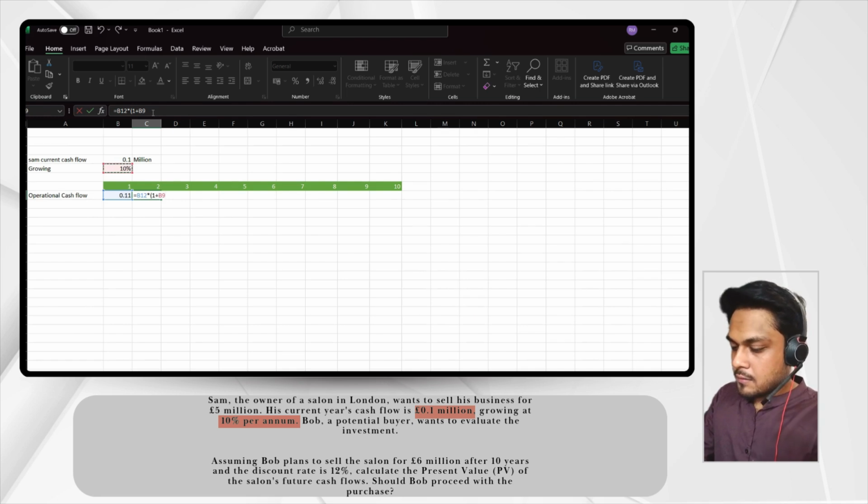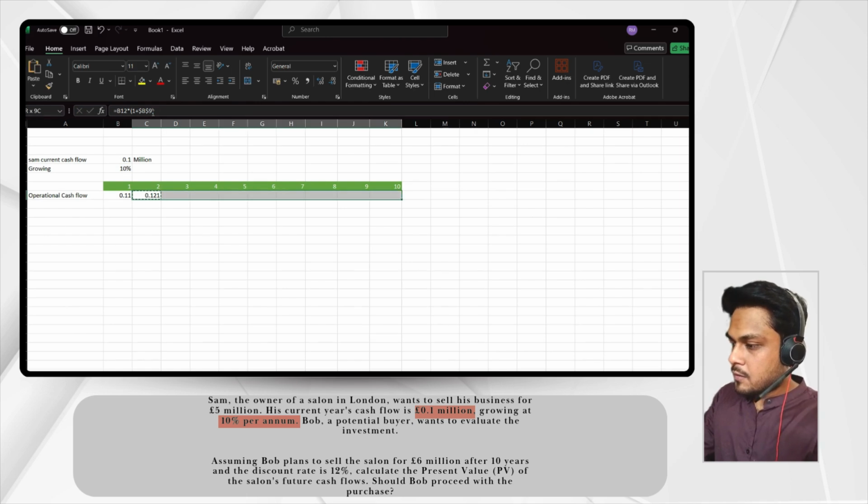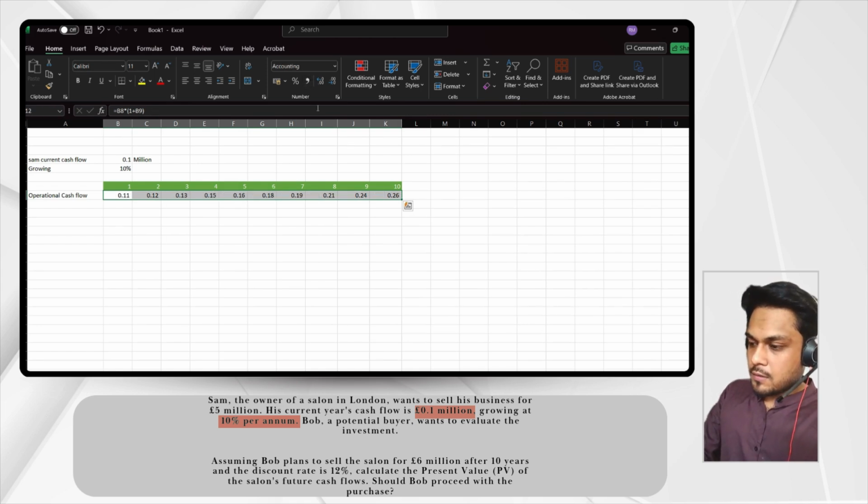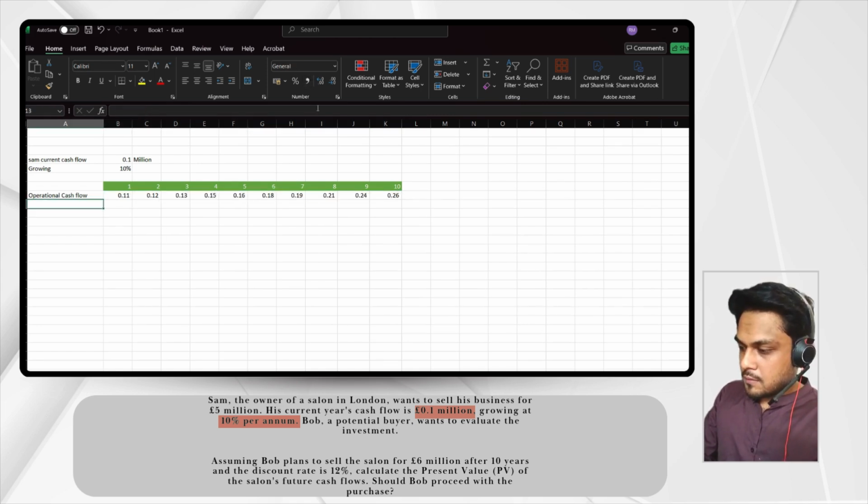For the second year, it is 1 plus 10%. Now let's freeze it. 0.2.